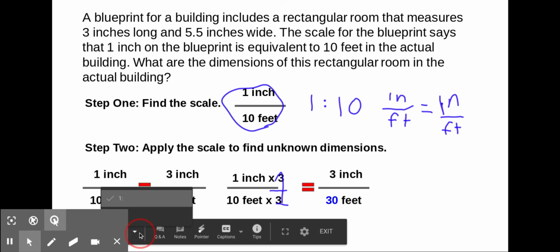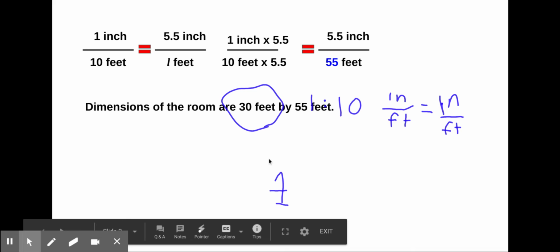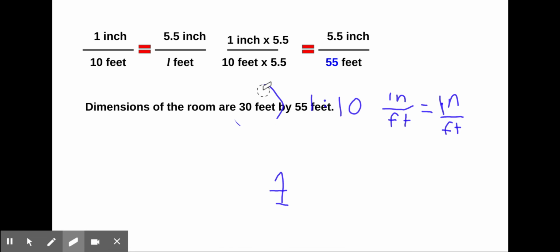All right, so with our next one, and I'll be erasing while I'm talking here, you're going to realize, okay, 1 inch equals 10 feet. Always starting with a scale. We're told that in the drawing it's 5.5 inches. So, since we know what the top is, we know that 1 times 5.5 equals 5.5 inches.